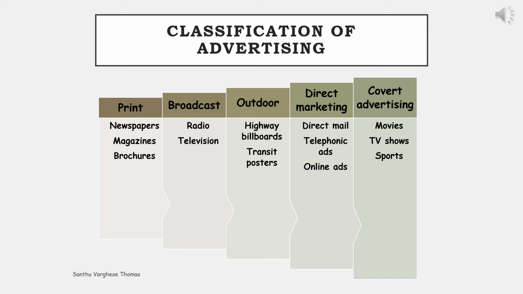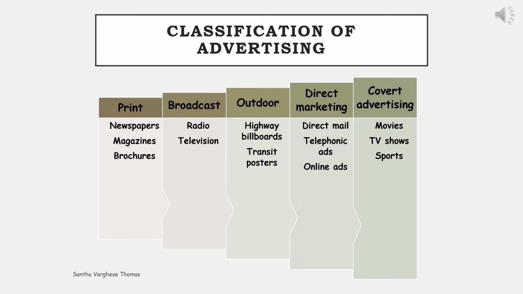With the help of movies, TV shows and sports, the brand is passed on to the consumers. For example, we can see the jersey of the Indian cricket team right now. It's sponsored by Byju's app. It's a method of advertising.